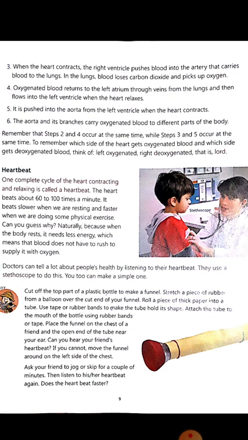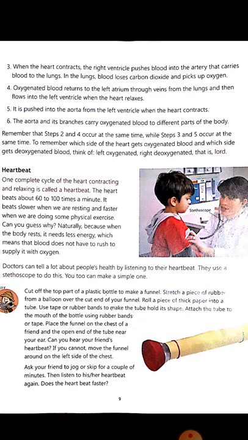As blood collects in the upper chambers, the heart sends out an electrical signal that causes the atria to contract. A normal resting heart rate for an adult ranges from 60 to 100 beats per minute.